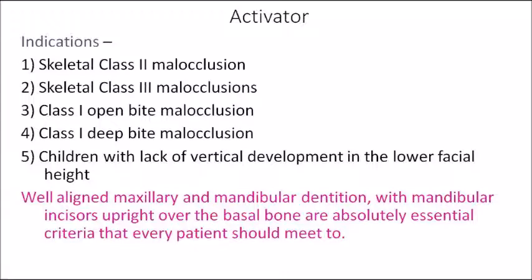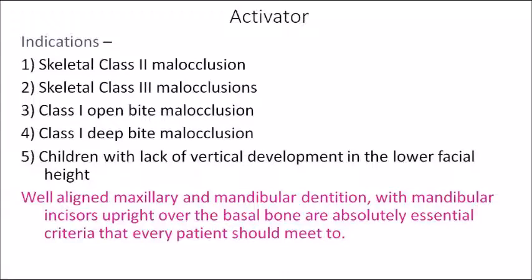Apart from these scenarios, one of the prerequisites for the activator appliance is that the dentition in both the upper and lower arches should be well aligned. Especially the mandibular incisors should be upright over the basal bone. So these are the other two conditions apart from the above mentioned indications.